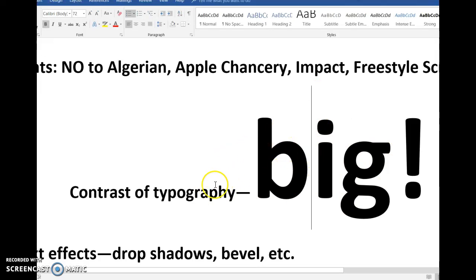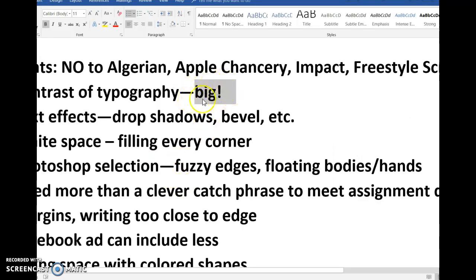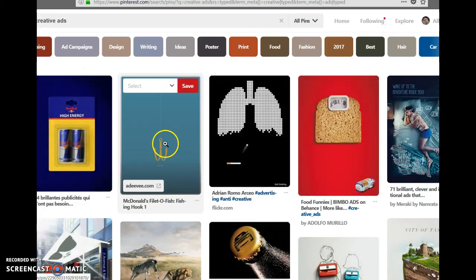That's what you want. And your body copy and your call to action needs to be small, really small. If you have a fourth of your page dedicated to writing, that's probably too much. Anything more than a third to a fourth of your page should not be written content.